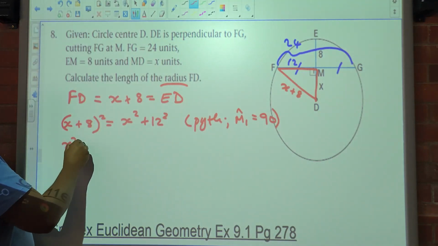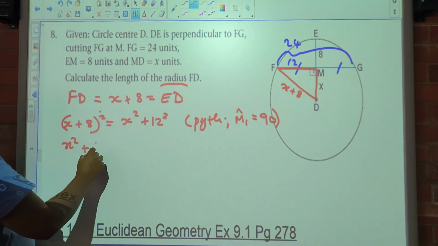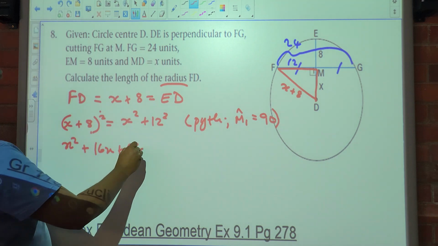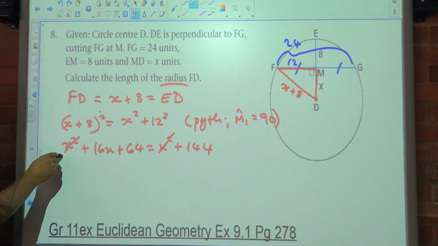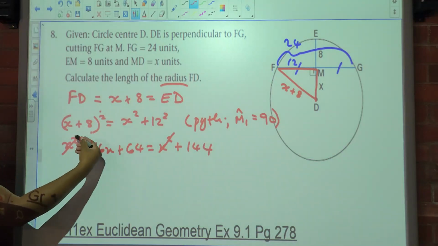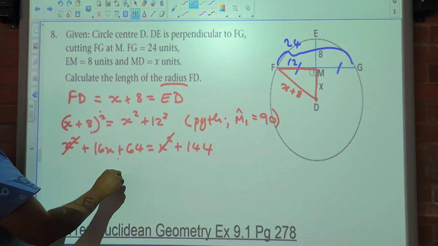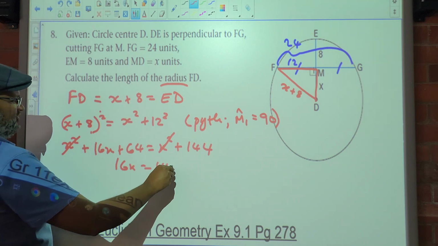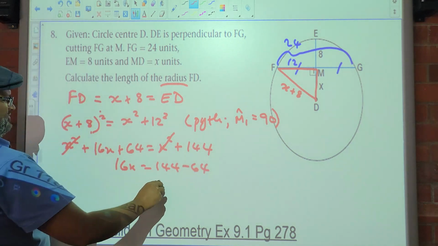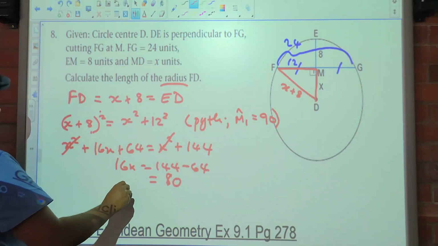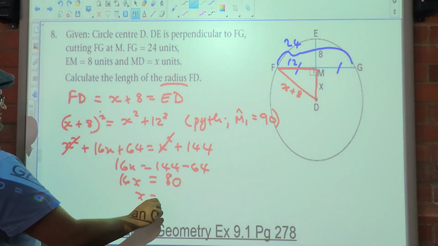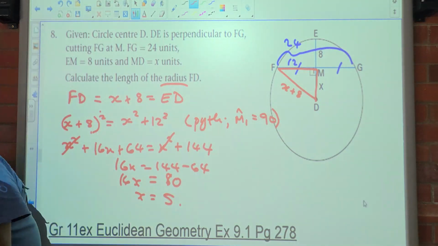So that's going to give you 16x plus 64 equals x squared plus 144. The x squared cancels. So 16x is equal to 144 minus 64. Divide both sides by 16, I get an answer of 5.